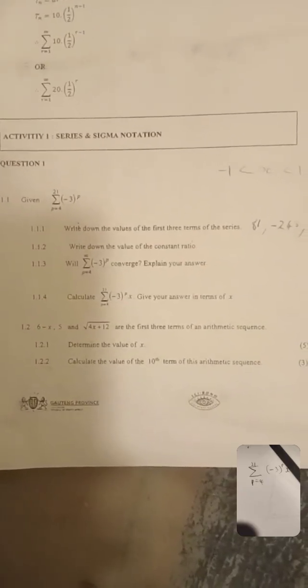So that is applicable for this kind of series, because if you find the value of the constant ratio and it is between -1 and 1, then the series will converge for an infinite series. That's why they are asking, will the infinite series converge? Explain your answer.